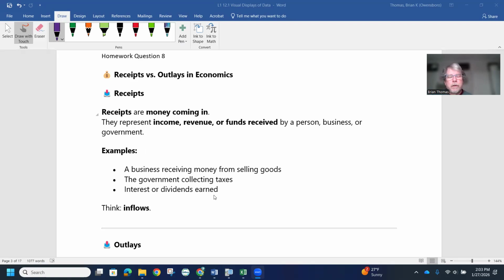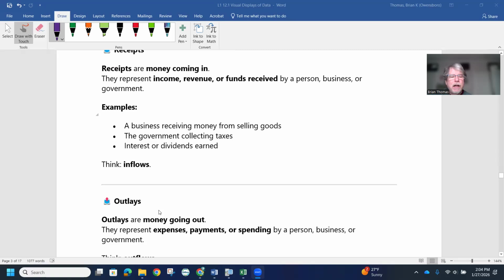That's a big part of what we try to do as individuals: our money can make money if it's invested wisely. Those are what we call the inflows, money coming in.